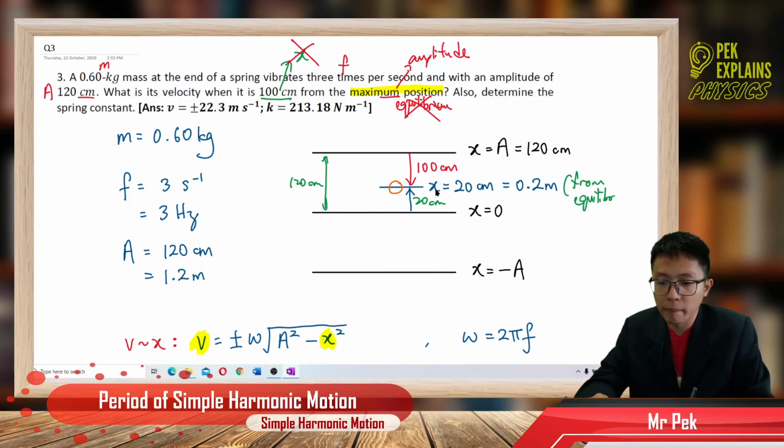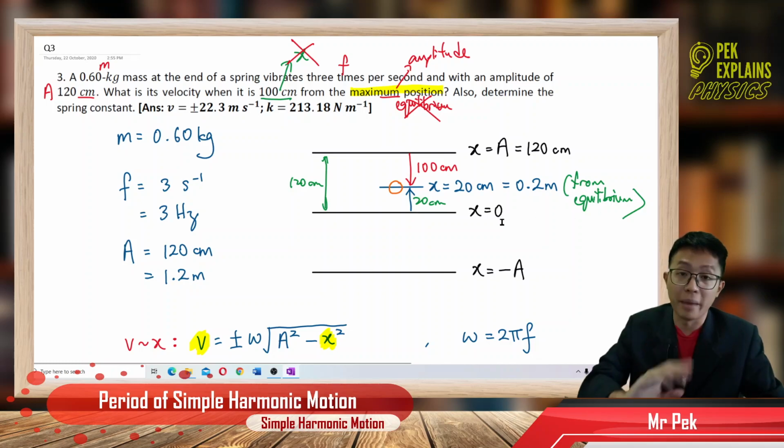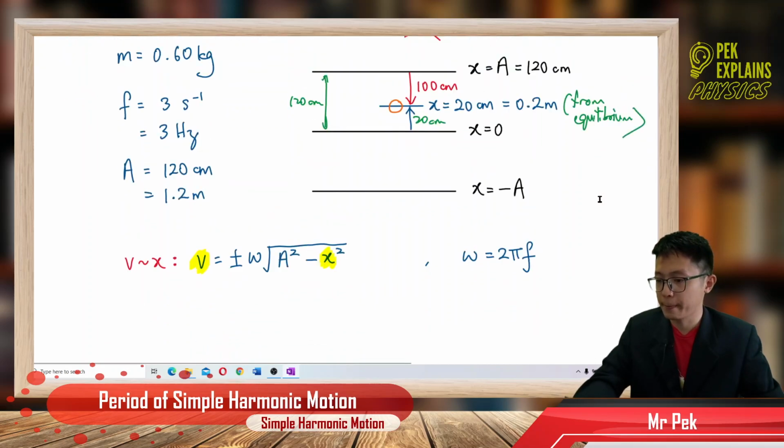So be mindful that our x is always from equilibrium, not from amplitude. So our x is not 100, but it's only 20 cm or 0.2 meter from equilibrium.